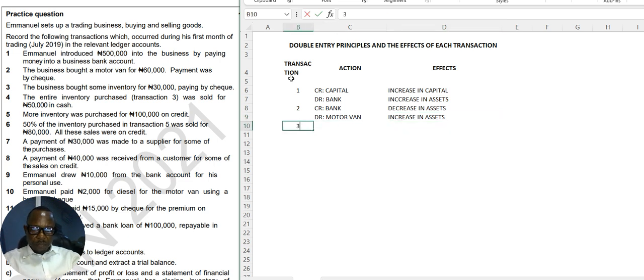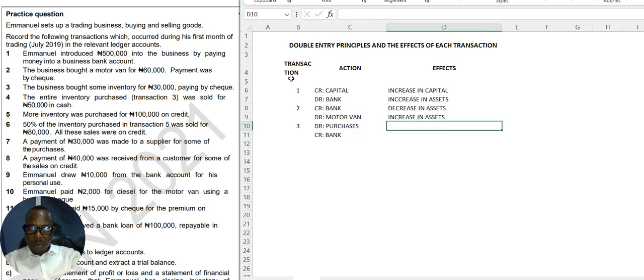Transaction 3. The business bought some inventory for 30,000 naira, paying by check. You debit what? Purchases. Credit, by check, right? Credit bank. Now, what are the corresponding effects of this?